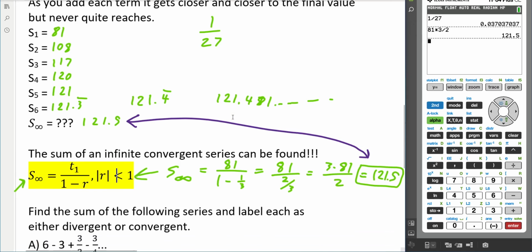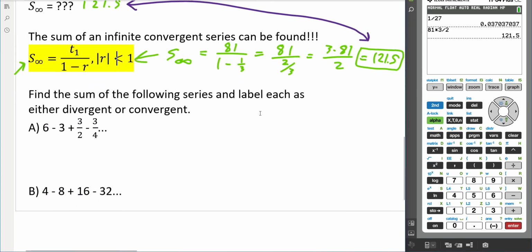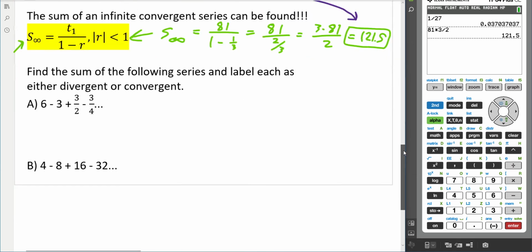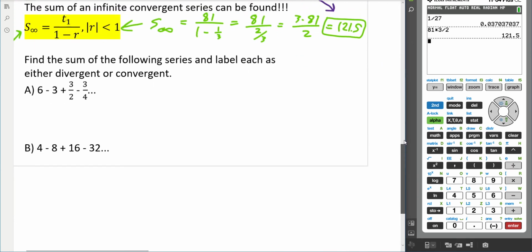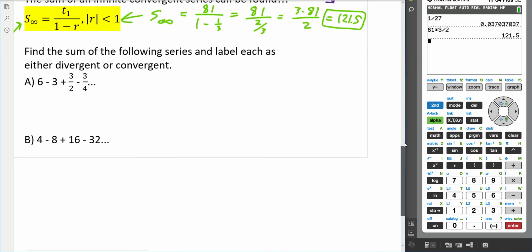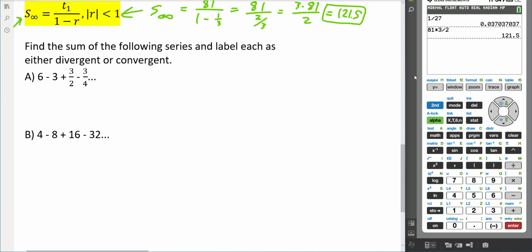So we can calculate the sum of an infinite convergent series. Here are two example questions. I'm just going to scroll down so you can just barely see the formula. Using the formula, find the sum of the following series and label each as either divergent or convergent.